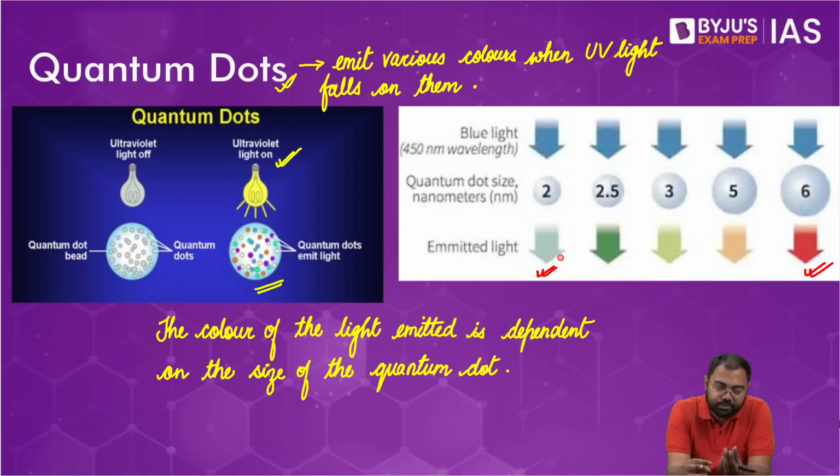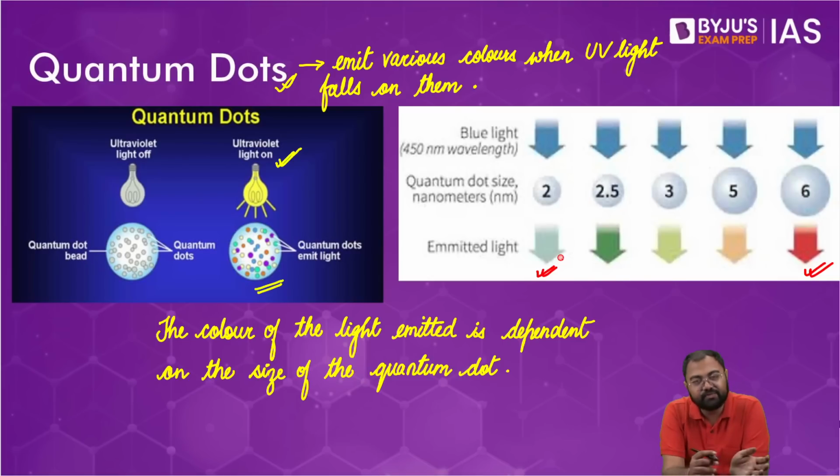Whereas a smaller sized nanoparticle will only let the violet color pass through it, because red color is bigger. If this is the size of the red color and this is the size of the quantum dot that is violet in color, red will not be able to pass through it. But violet color will be able to pass through this quantum dot. Similarly, the bigger one will let red color selectively pass through it.